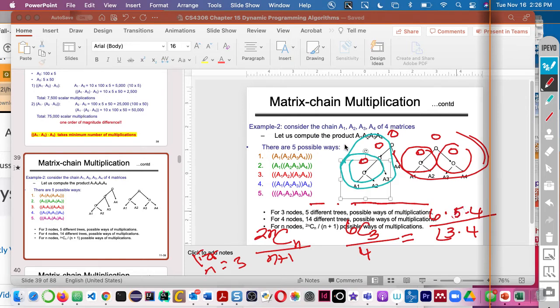Then 4 will be crossed out, and factorial 3 equals 6, and then the result equals 5. So you can plug in 4 instead of 3, and you will see there will be 14 different trees.